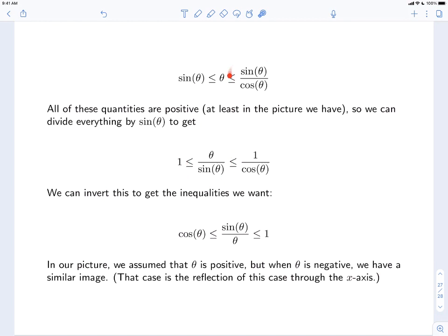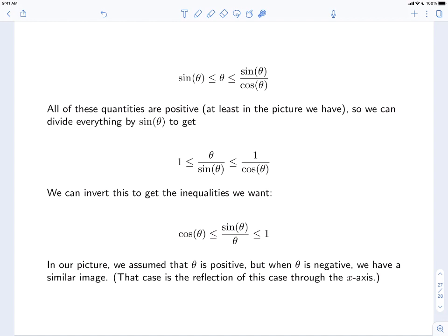And tangent of theta divided by sine of theta gives 1 over cosine of theta, which is secant of theta. But we can invert this to get the inequalities that we want. We have theta over sine of theta, and we want sine of theta over theta. If you invert everything, you have to change the direction of the inequalities. That's how we end up with the inequality we were looking for.